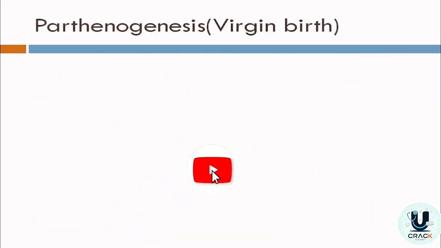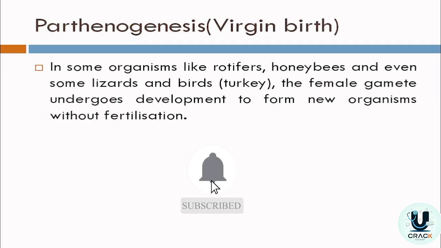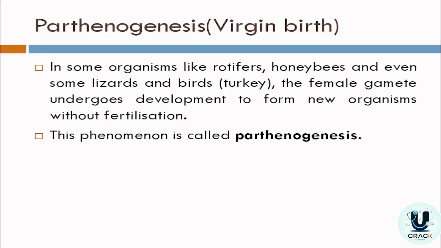Parthenogenesis, virgin birth. In some organisms like rotifers, honeybees and even some lizards and birds, the female gametes undergo development to form a new organism without fertilization. This phenomenon is called parthenogenesis.